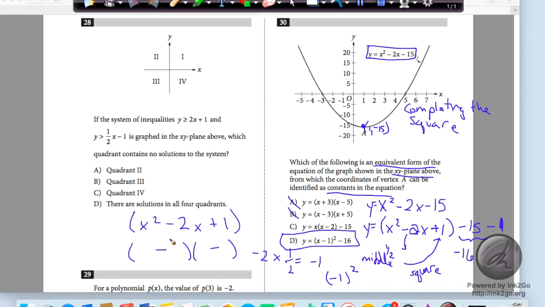Once again, the hint is that both of these numbers multiplied by each other, a negative times a negative, would give me the positive number. And because this is positive 1, these are both going to be x minus 1. So it's going to be x minus 1 squared minus 16, which gives me the answer yes to D. So D is going to be your best possible answer.